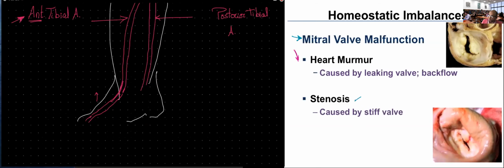Remember, when I bend my foot like this and I am moving it upwards, what did we call this movement?